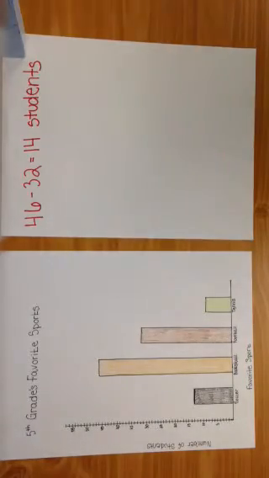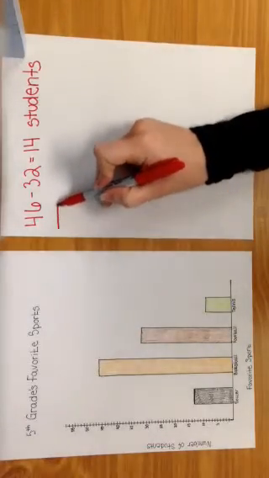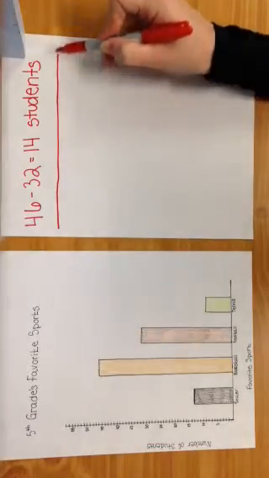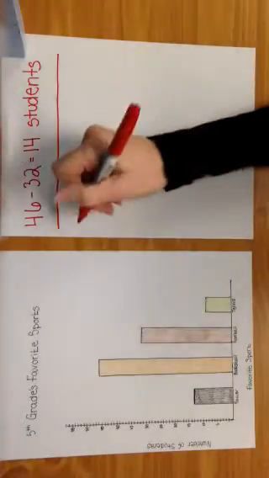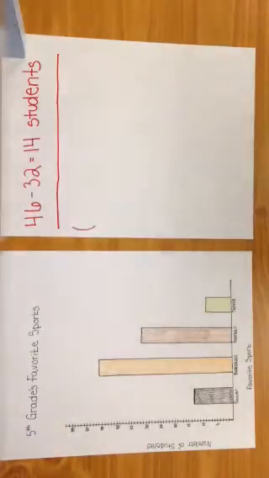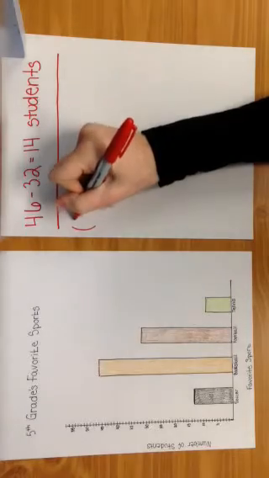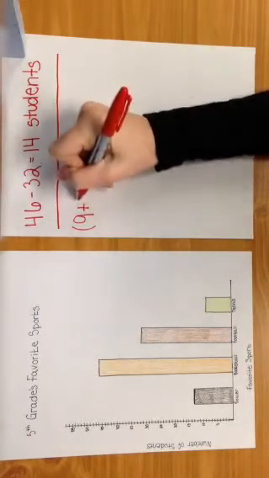We can also ask a question such as how many more students chose tennis or basketball rather than football or soccer? This is the same type of problem, just a little more complicated. We can use parentheses to represent the one side, which is 9 representing tennis, plus 46.